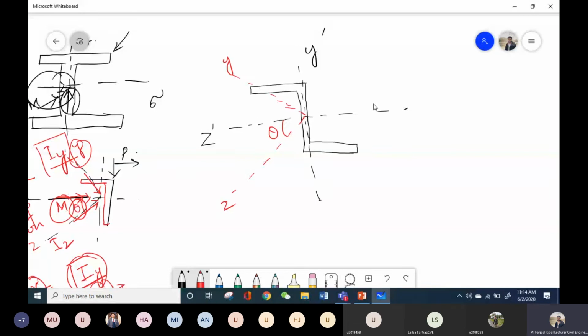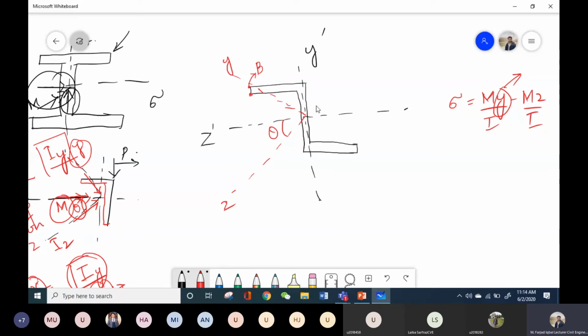Now, if I want to calculate the bending stress, let's suppose at this point B, which is the top one, I have to apply this flexural formula, which is basically My over I minus, let's suppose, Mz over I. Now this y distance, what is this y distance? Actually, this distance is the perpendicular distance from the axis, right?